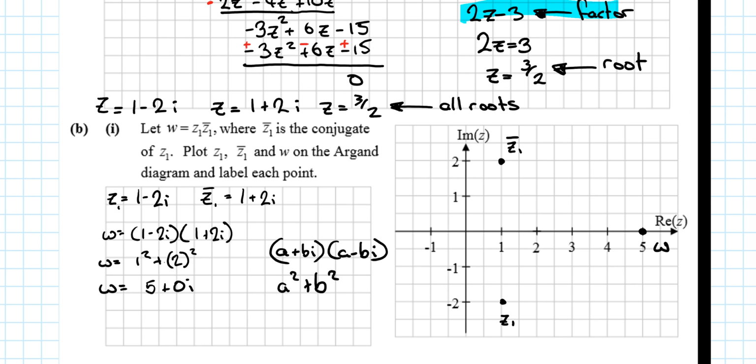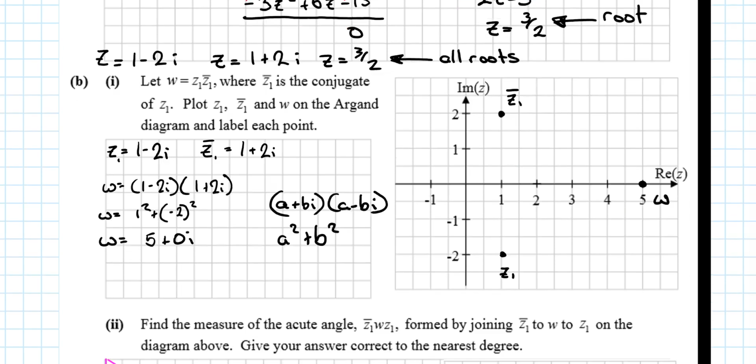If I had a minus 2 in this bracket, for example, minus 2 squared is 4, so you just get 1 plus 4, which is 5, and it's 5 plus 0i. Then it asks us to plot each of them on an Argand diagram. So make sure you're just plotting a single point and putting letters beside it. So this was z1, z1 conjugate, and w.